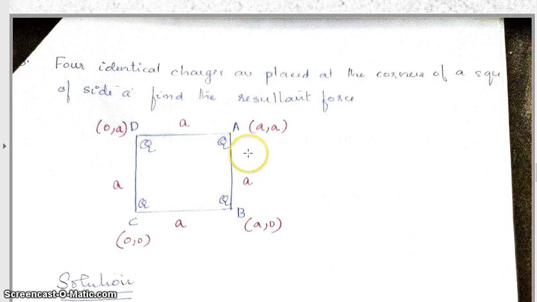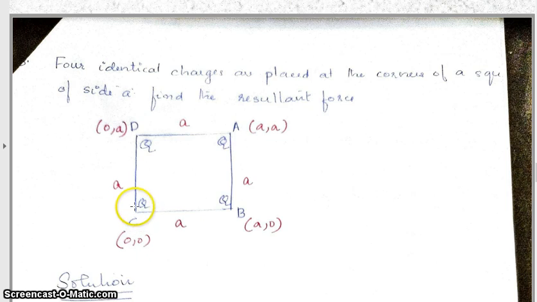Now you have to find the position vector. So I am going to first write down the coordinates. Here A, the x coordinate is A and the y coordinate is also A. D, the x coordinate will be 0 and the y coordinate will be A, right?